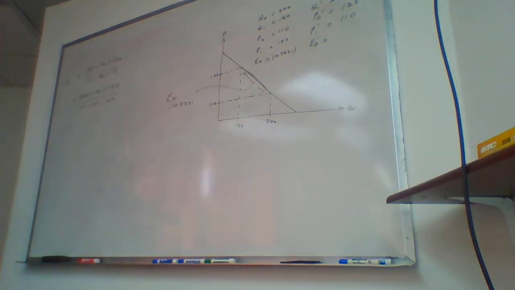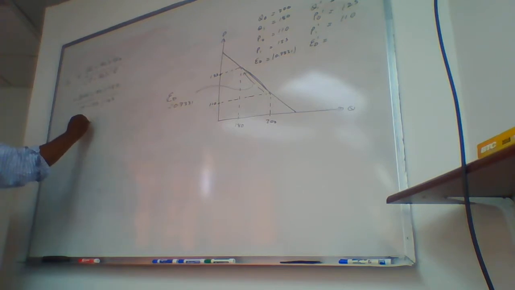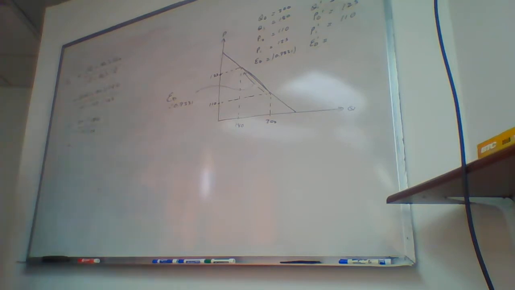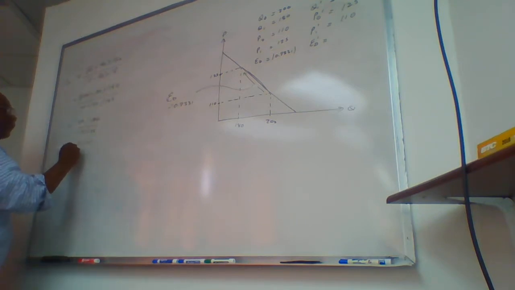When we went along the demand curve in that direction, our elasticity: 200 minus 180 is 20, divided by 180. And 110 minus 125 is minus 15, divided by 125. Which is 20 divided by 180, sorry, 0.1111.